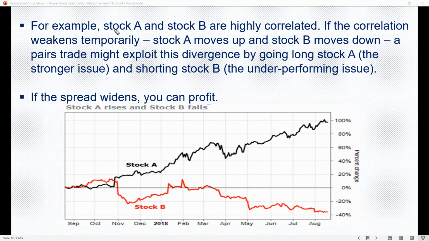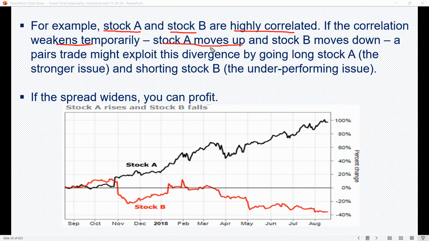All right, so here's just a simple explanation too. Say, for example, you have stock A and then stock B. They're highly correlated. Now, if this correlation weakens temporarily, say maybe stock A starts moving up, it gets stronger for some reason. It could be earnings, it could be some kind of seasonal thing that hits this specific company or this commodity, it's getting the strength.